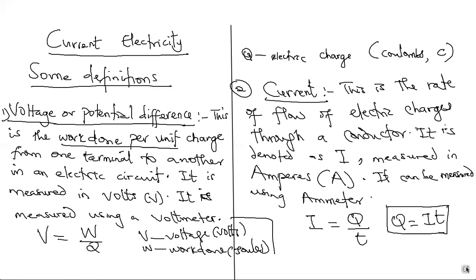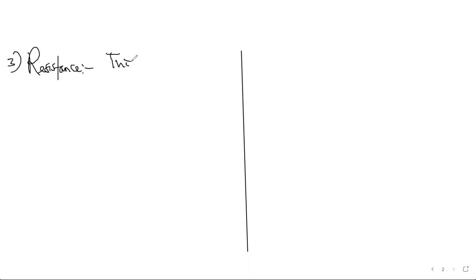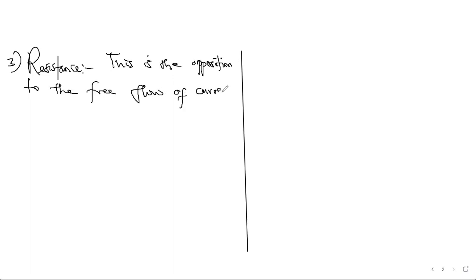Then another definition we look at will be resistance. This is the opposition to the free flow of current offered by a conductor.